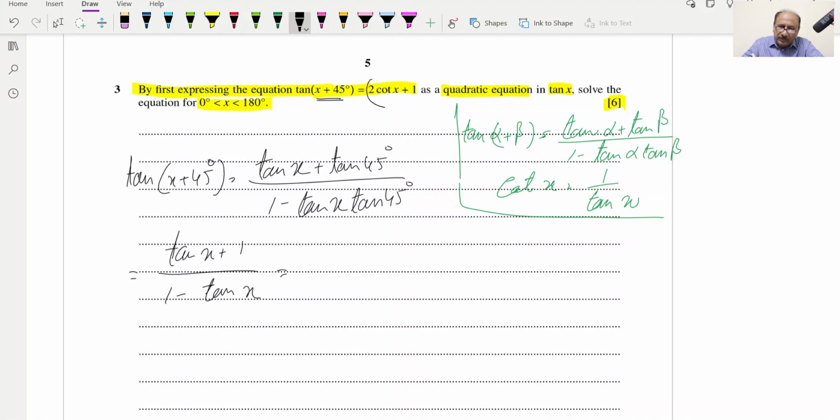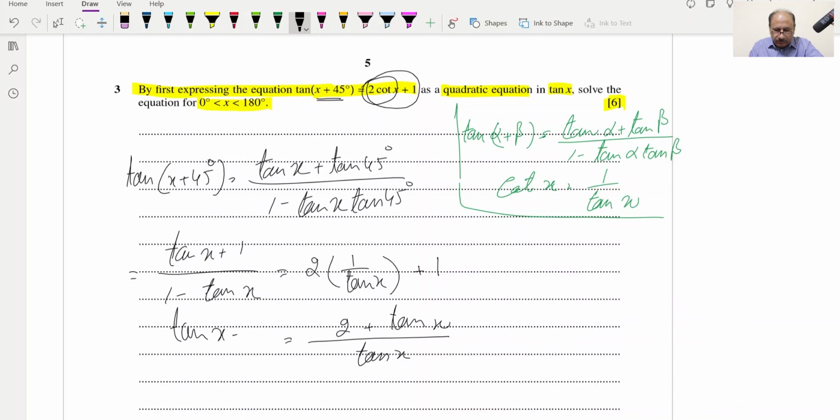We will be rewriting this one as 2 cot x, we can write 2 over tan x, or 2 into 1 over tan x if you may be confused. So 2 cot x, we can write 2 into 1 over tan x plus 1, and this one we can take LCM and we can write (2 plus tan x) over tan x, and this side will be (tan x plus 1) over (1 minus tan x).